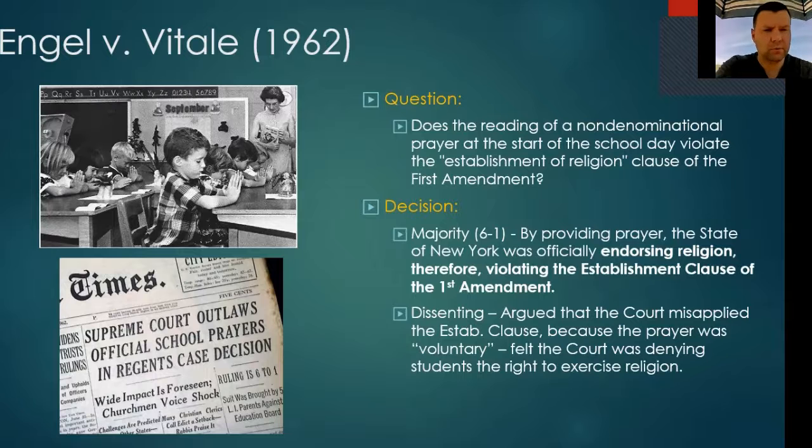So they saw it as a form of endorsing religion. There was one lone dissenter, and he argued that because it was voluntary, no one was being forced to recognize a religion. And in fact, he argued that you were denying the other students their right to practice religion, even in a public school setting.